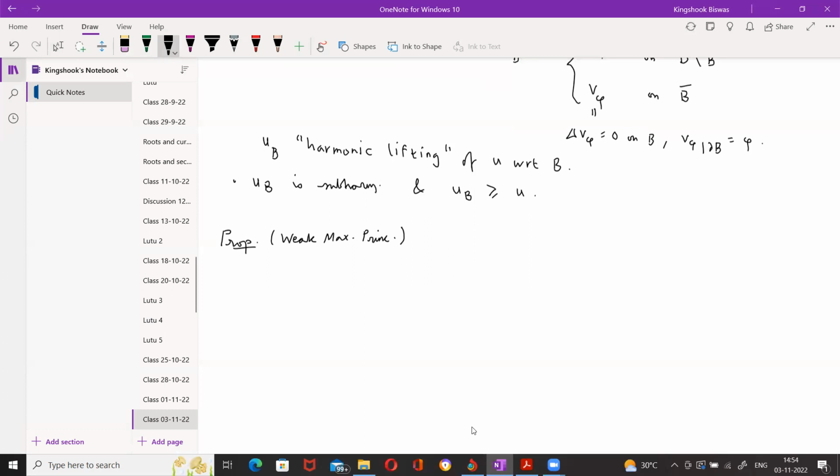So let L be a second order elliptic operator on a bounded domain D in Rn.